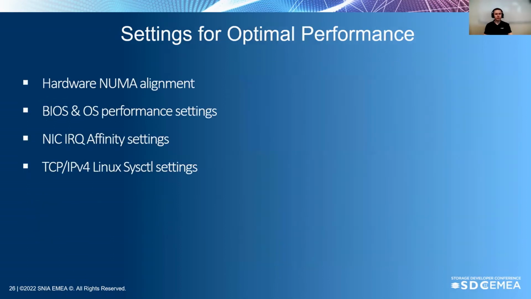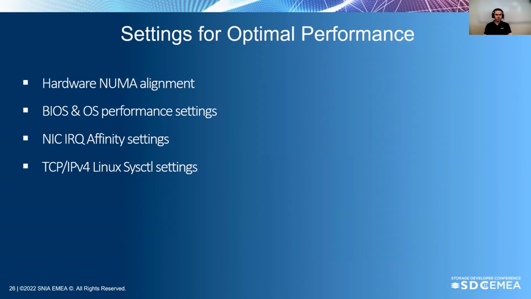For each of the tested storage types, we apply settings for optimal performance. Typically, for each tested storage, we have a common set of configurations that apply to the hardware setup, for example, considering hardware NUMA alignment, and BIOS configuration like power performance settings or maximum power draw.